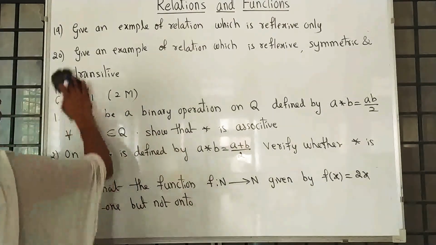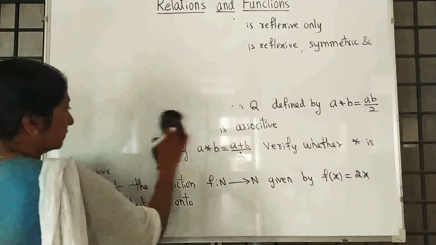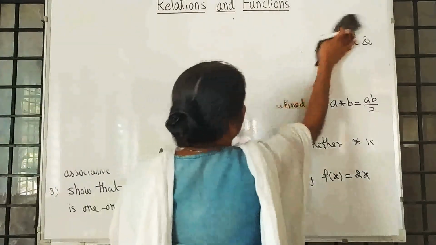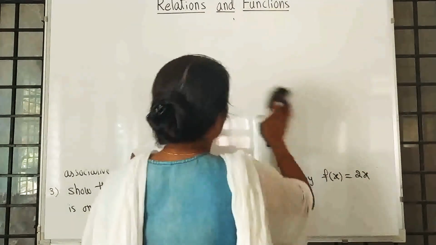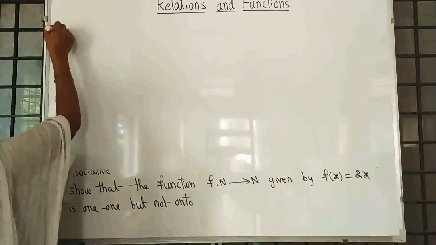Moving to the next question, that is the fourth one for 2 marks. Define binary operation.